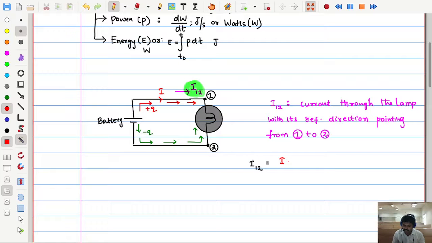What I said is that this red color indicated current flow is all our interpretation, which is flowing through the conductor but not visible to our bare eyes. So if I consider some current which I need to determine, passing through this bulb from point 1 to point 2, can you tell me how much that current might be if we could visualize it in reality, as some current is existing inside this conductor? So we can say I12 is equal to I. Is this clear for everyone?